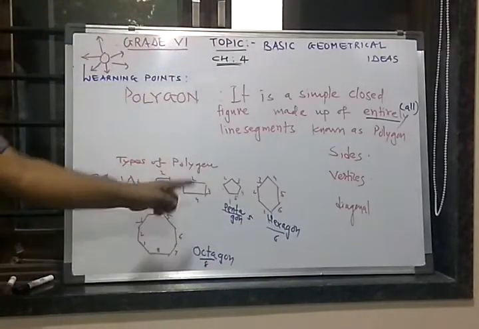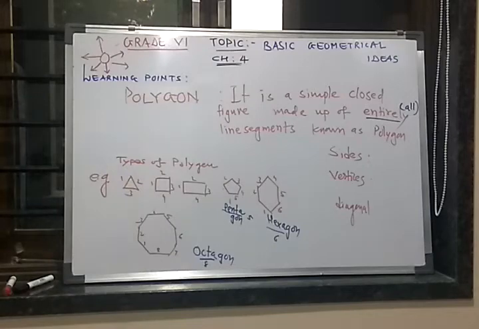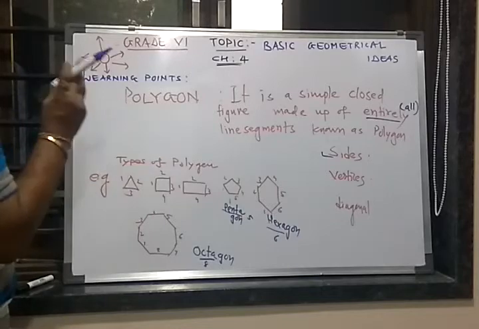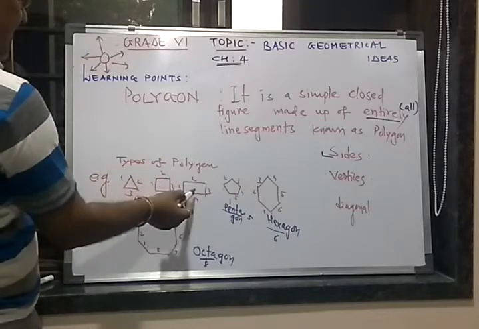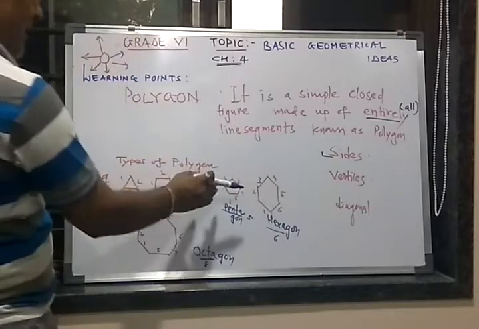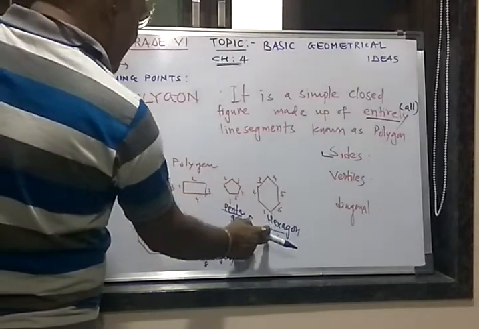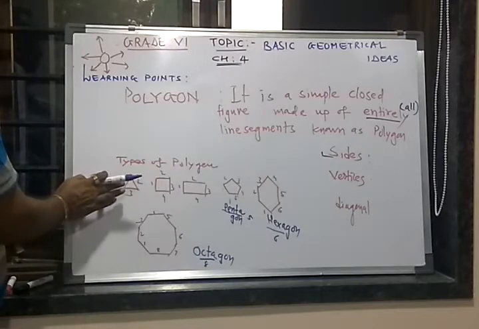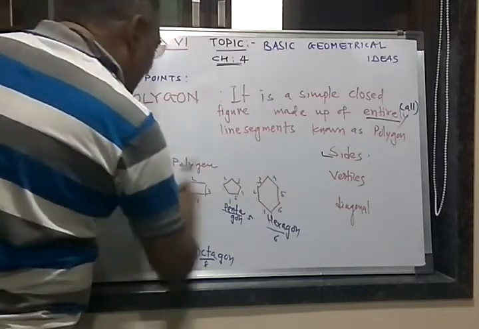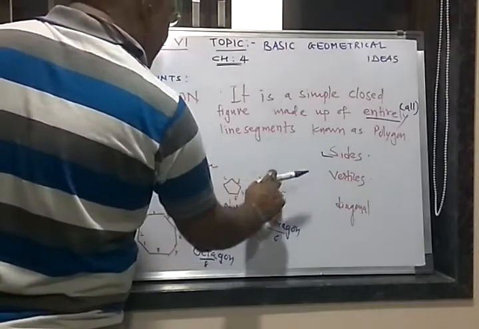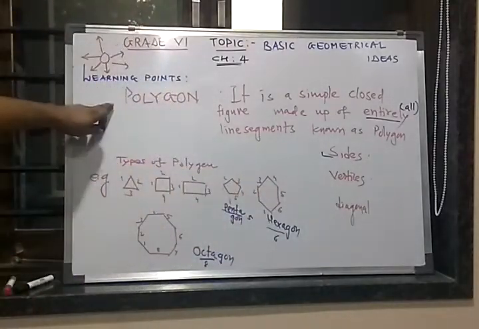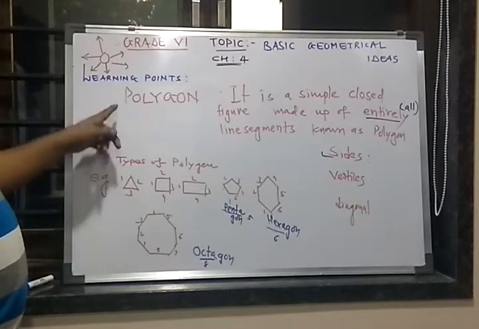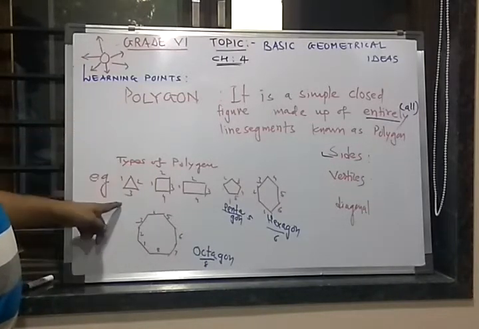So these all are polygons. Let's identify their sides. A triangle has 3 sides, square and rectangle have 4 sides, pentagon 5 sides, hexagon 6 sides. From the number of sides, the name comes. It is a simple closed figure made up entirely of line segments, and it is closed; that's why it is known as a polygon. The smallest polygon in terms of number of sides is the triangle.